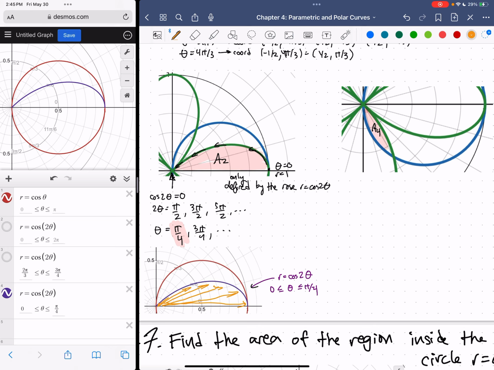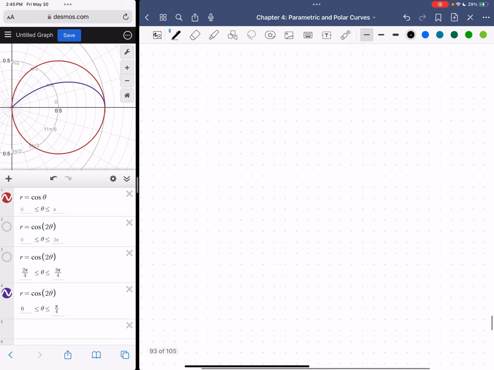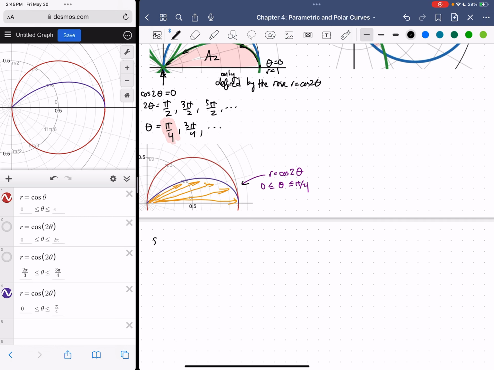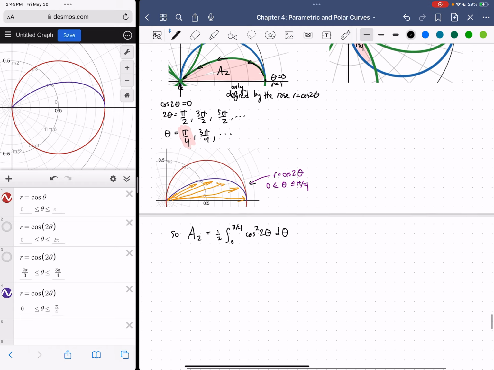So as a result, we can say that for sure A2 is equal to 1/2 the area from 0 to pi over 4 of, so the r is cos 2 theta, so we take cos squared 2 theta because we have to square for these areas, d theta. Cool. So whatever that works out to be, that's what we're dealing with.